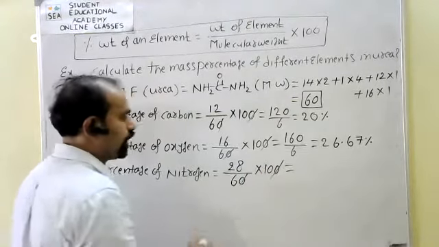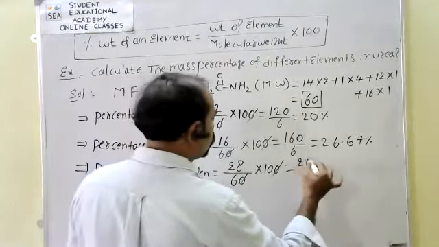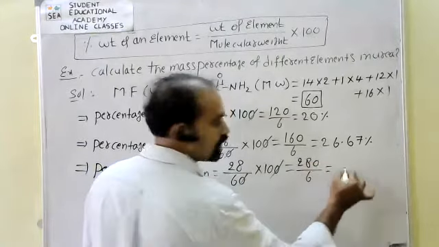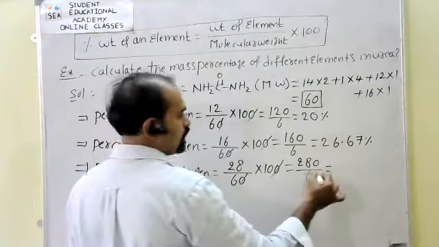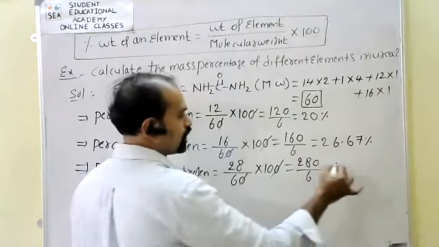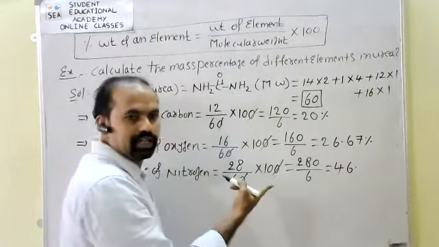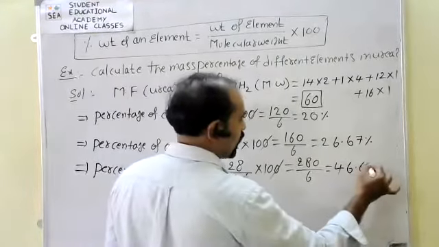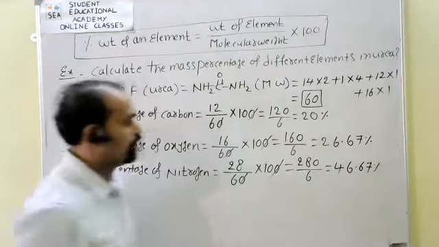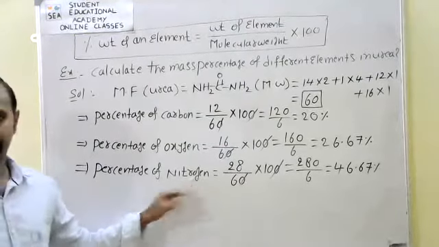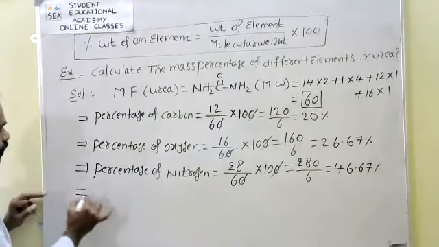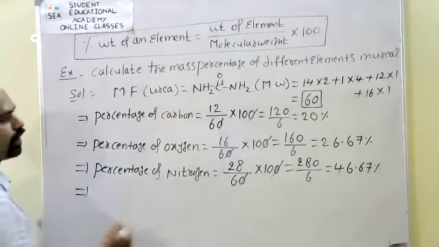Here the zeros get cancelled. That is 280 by 6, which gives 46.67%.